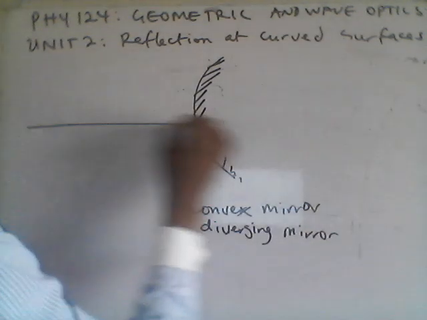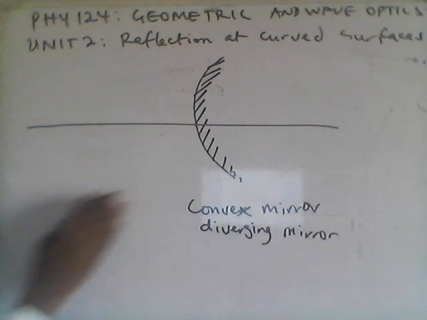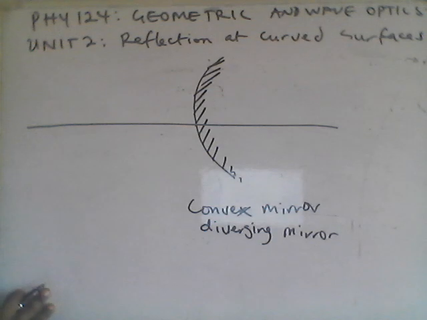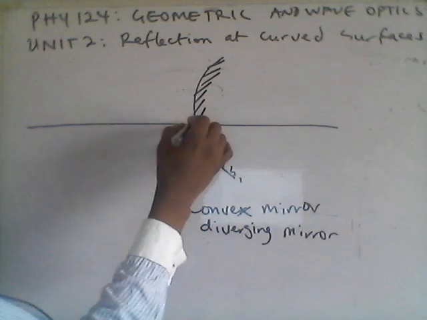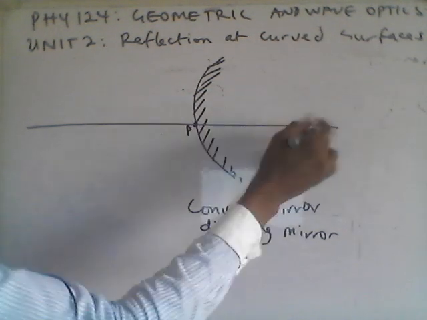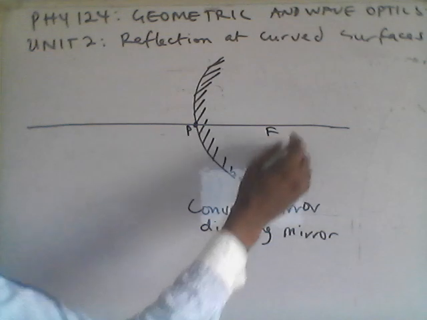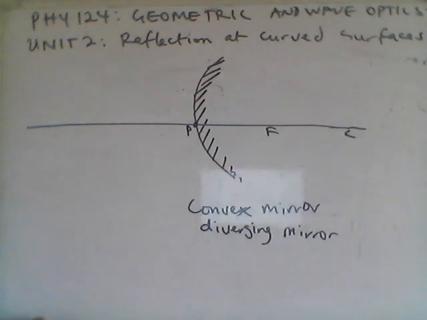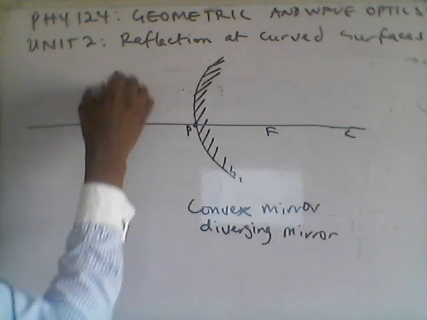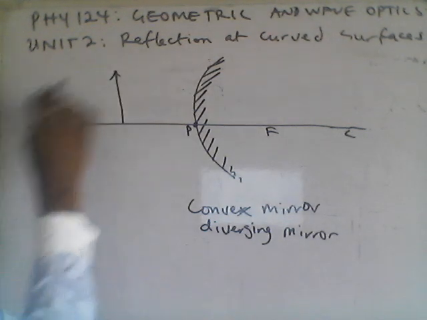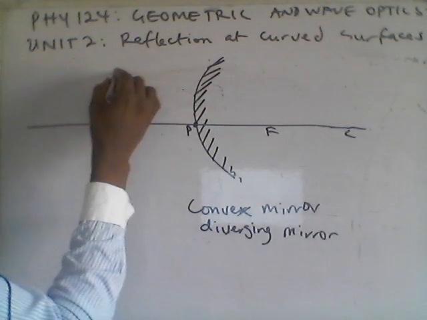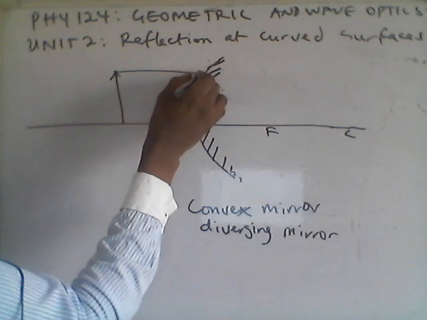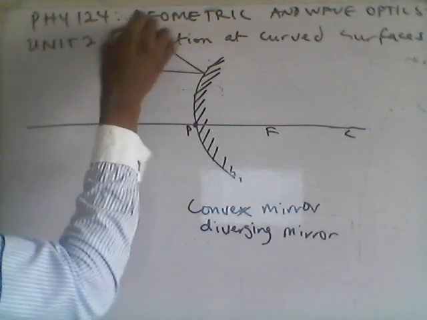So we have our principal axis like this. For the convex mirror, the pole is here and every other thing is inwards. So I have the focus here and the radius of curvature here. Anywhere you place the object in front of the mirror, the ray from here hits the mirror like this and it reflects.